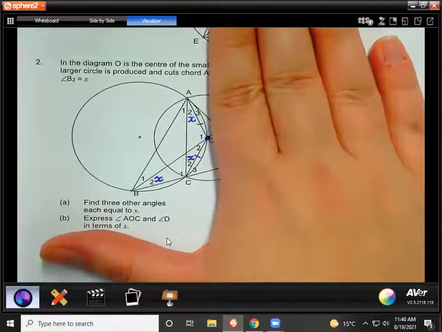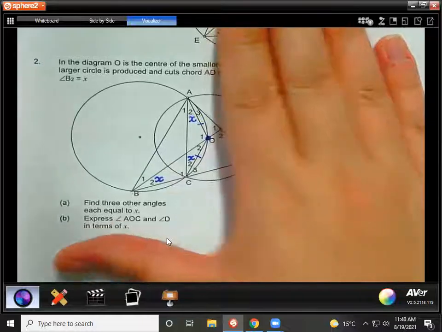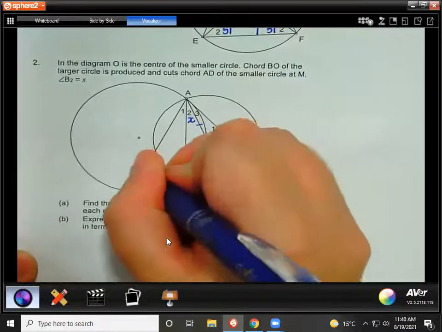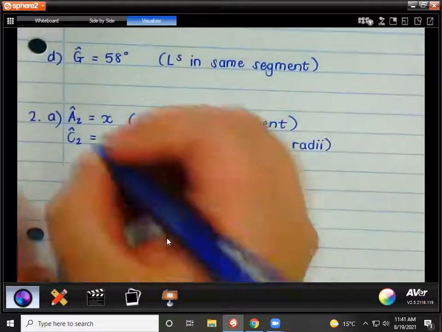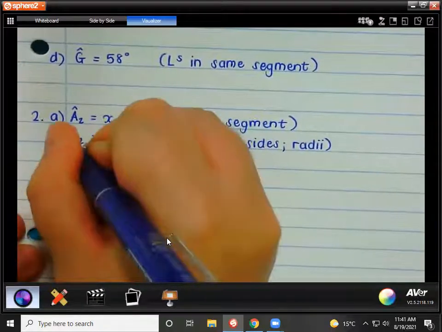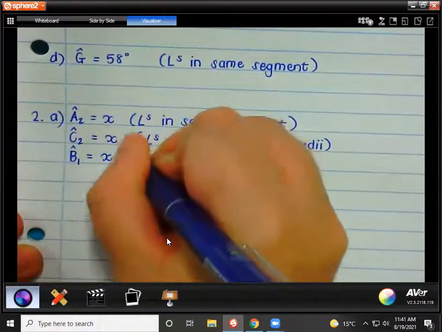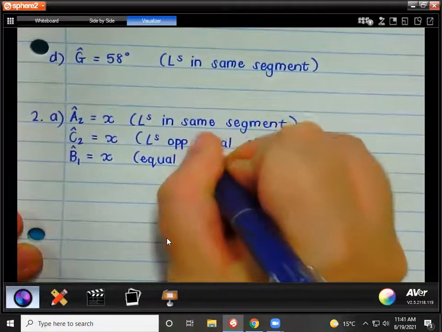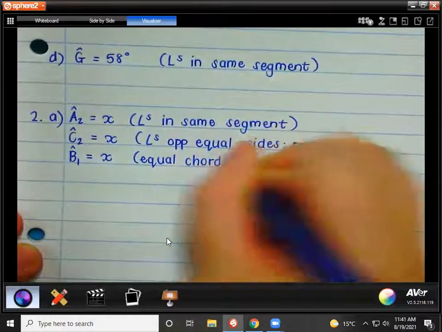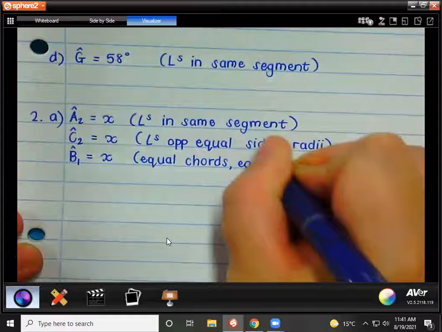All right? Equal chords subtend equal angles. Well done. So B1 is also equal to x. So B1 equals x, equal chords, equal angles. That's the reason for that one.